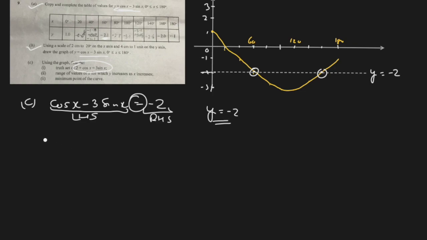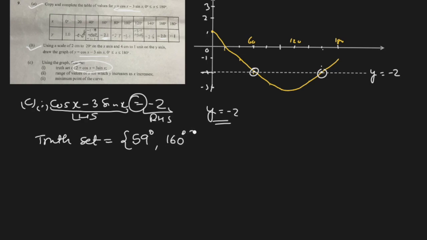So truth set for this, let me write number 1. So truth set will be equal to, because it will be an estimate only, we cannot say for sure because the graphs can be here and there. So 59 degrees is this one, and this is exactly minus 2, minus 2 point something, so we can say 160 degrees.